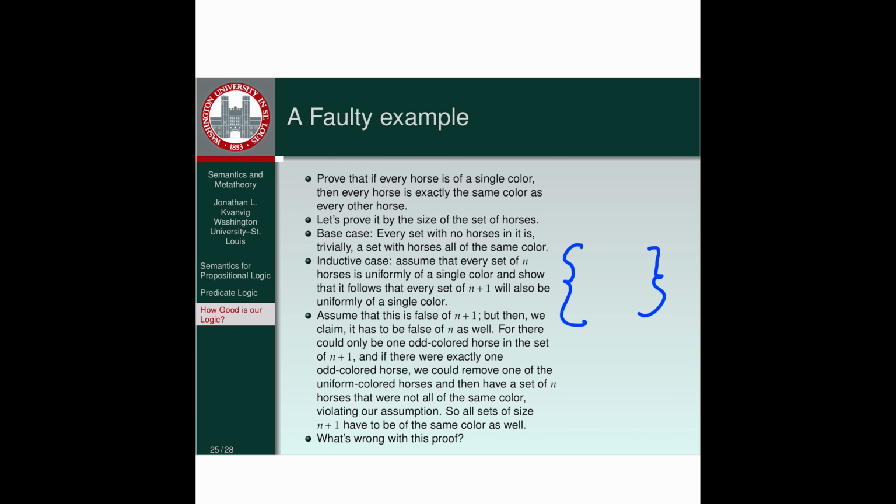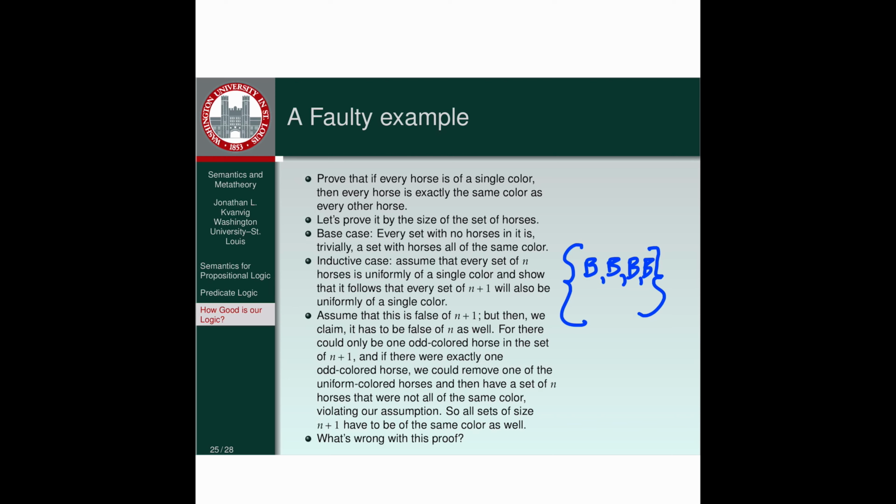But remember, we've already assumed that if the size is n, they're all the same color. So suppose n is 4. Then every set that has 4 horses in it will be horses of the same color.